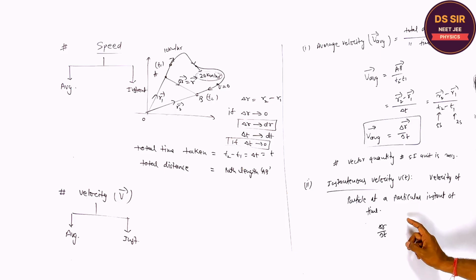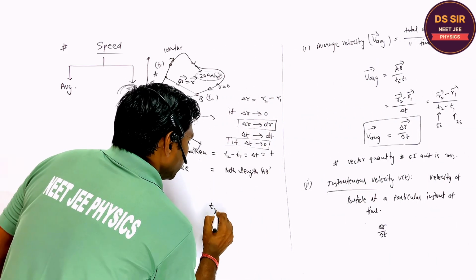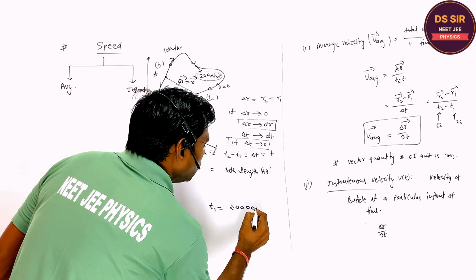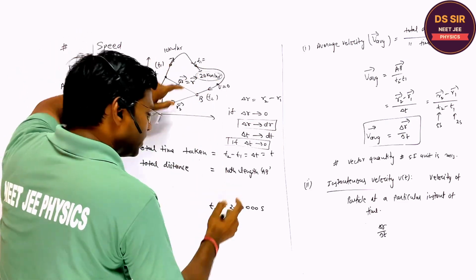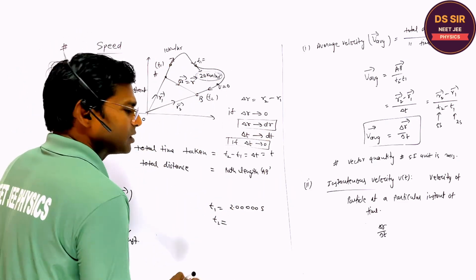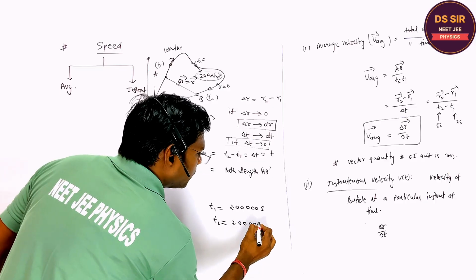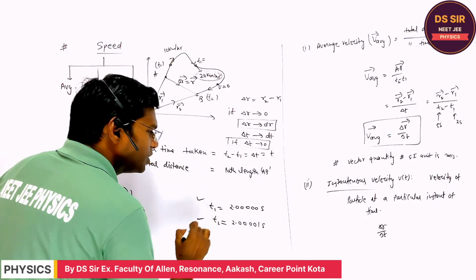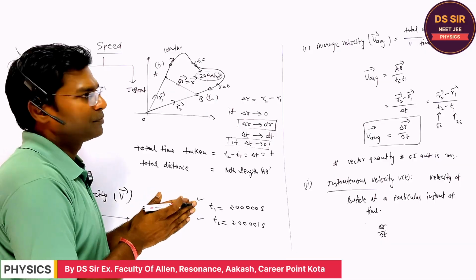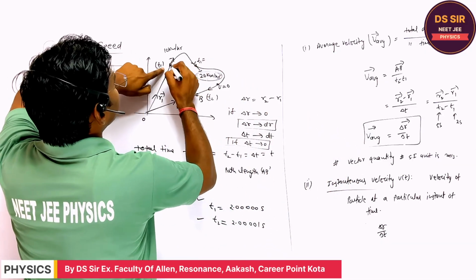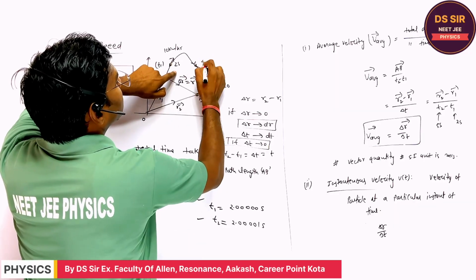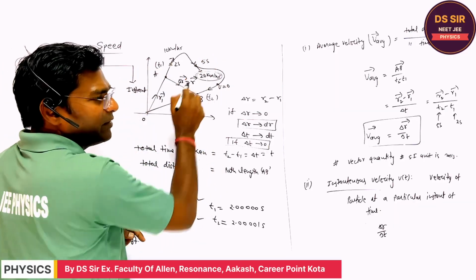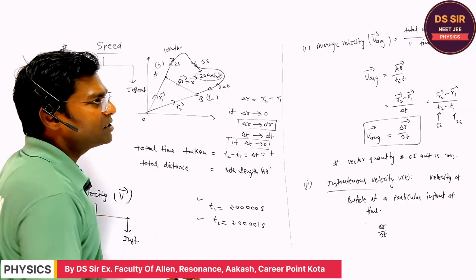But when you are defining the instantaneous velocity, t1 is suppose 2.0 seconds, and t2 is just near to this time, 0.1 second. That is, the two instants are very close to each other. Here, t1 is 2 seconds and it is 5 seconds, so between them the time difference is very much.